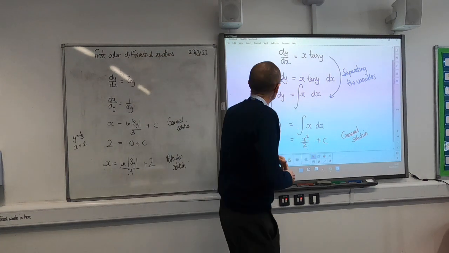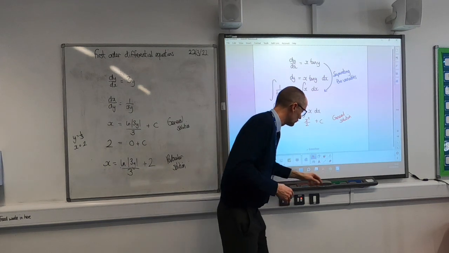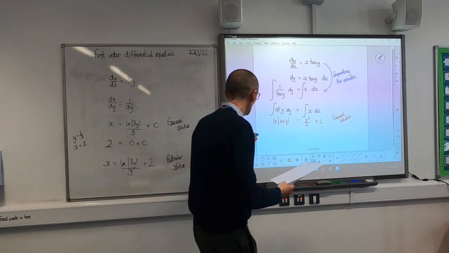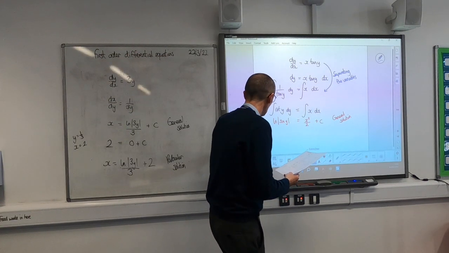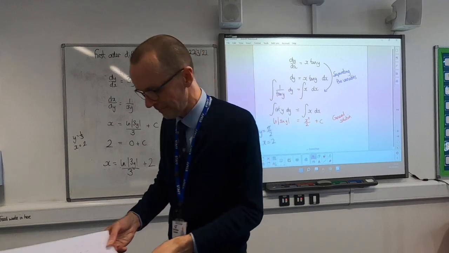So we've got to a general solution. So why don't we now take a boundary condition to work out a particular solution? So let's make sure we're in radians. Let's make y equal to pi over 2 and x equal to 2. So we want to get c.